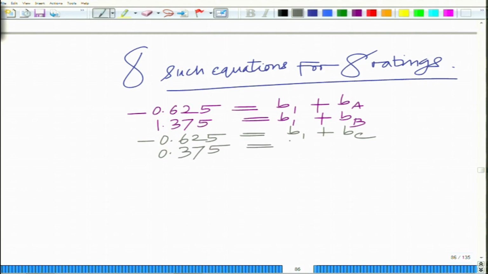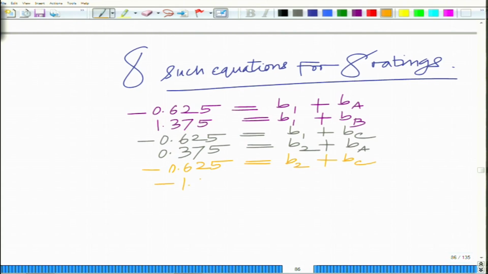0.375 equals B2 plus BA. Minus 0.625 equals B2 plus BC.